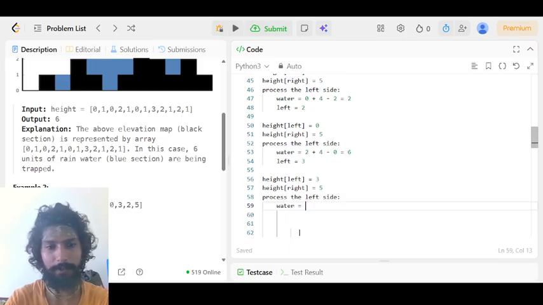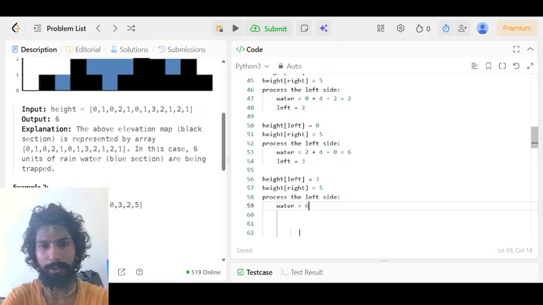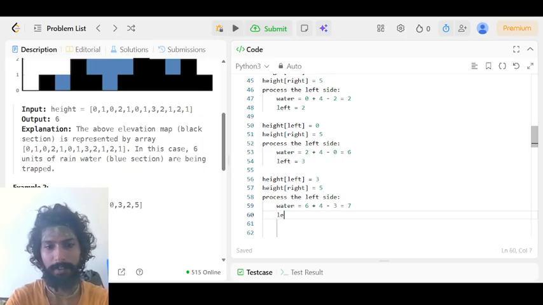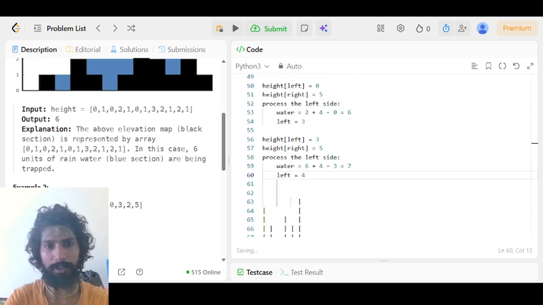So again I will increase the level of water. So it will be 6 plus 4 minus 3 equals 7. And left will become 4 this time. So in this way you can complete and we will arrive at the solution, answer equal to 9.